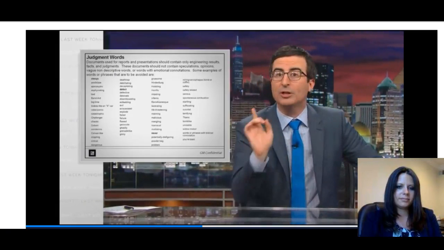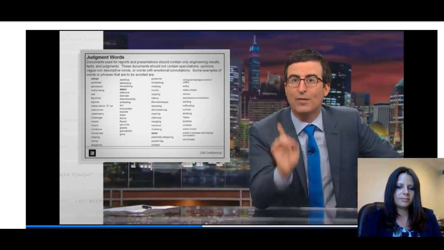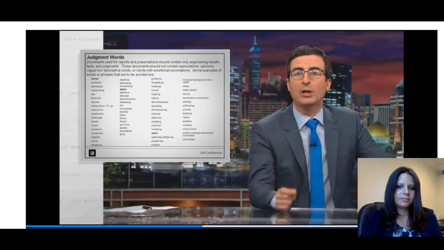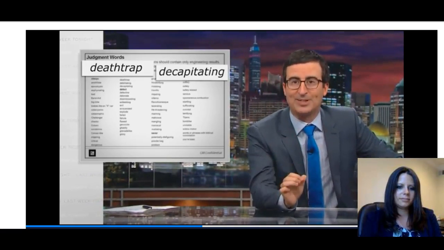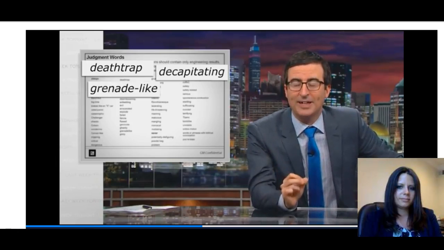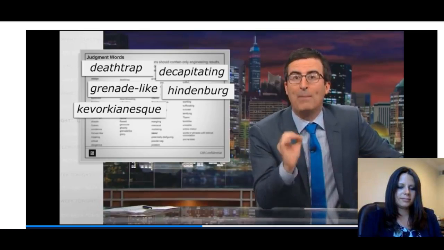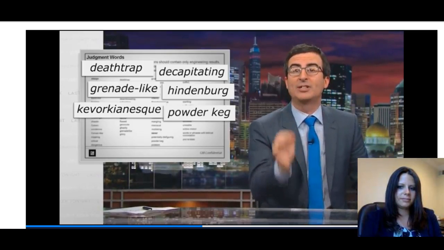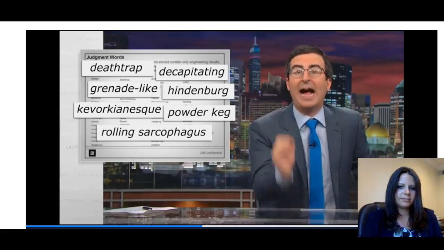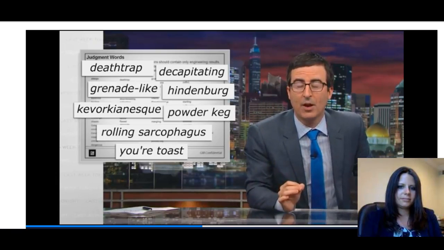And there were a lot more words on that list than just those four, because the banned words include, and I'm going to show you the document to prove that they are real as I read them: death trap, decapitating, grenade-like, Hindenburg, Kevorkian-esque, powder keg, rolling sarcophagus, and you're toast.